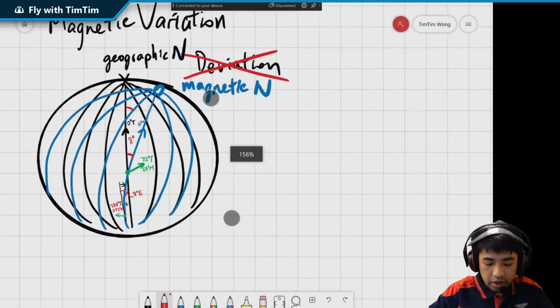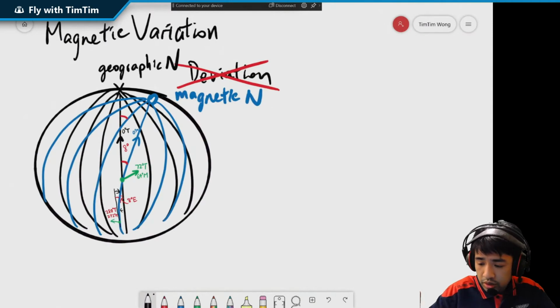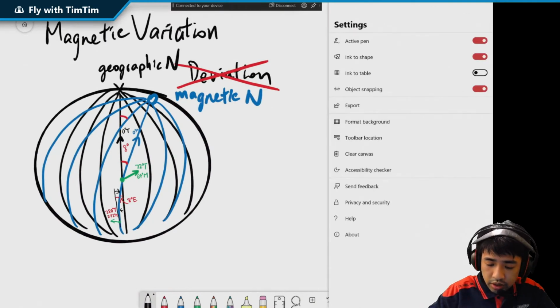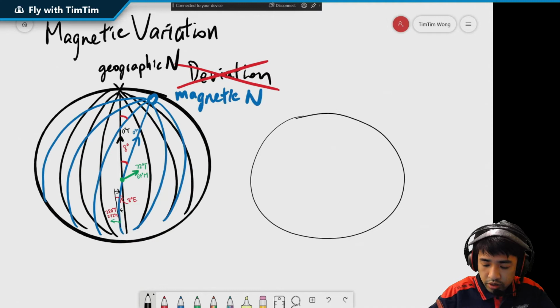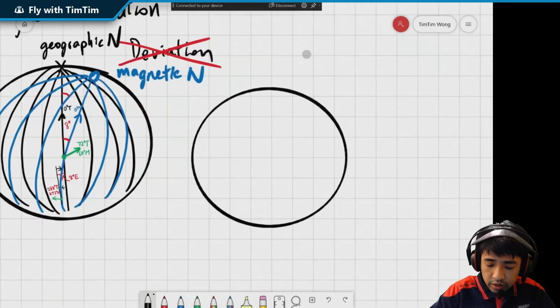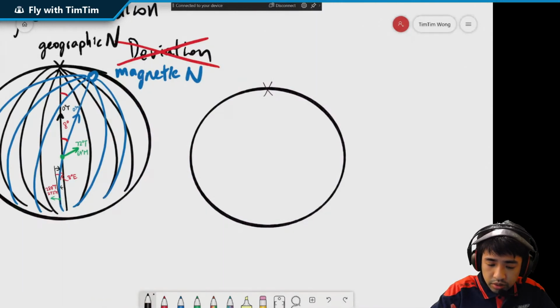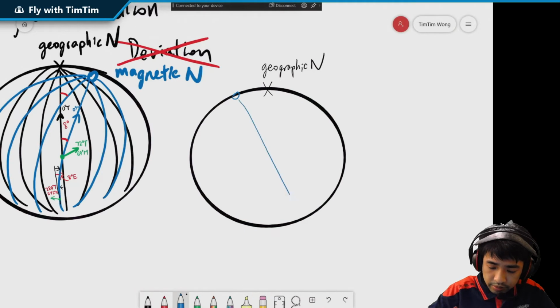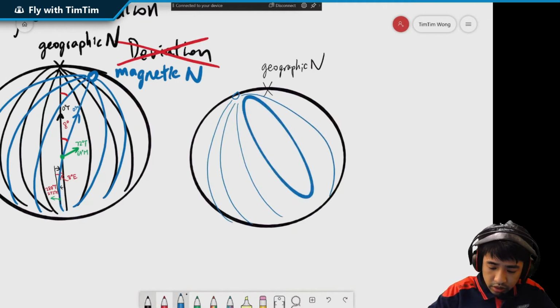So we need to spin the Earth. Let's look at the back side of it. True or geographic north here, and magnetic north would be on the other side as we're looking at the back.